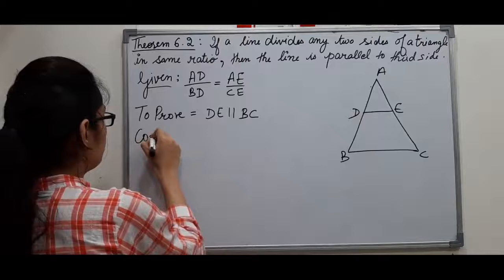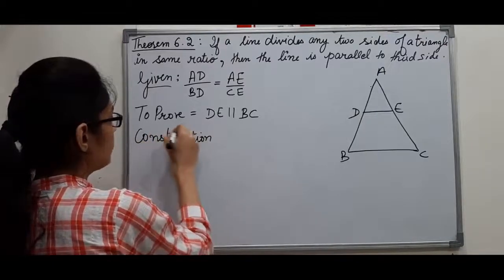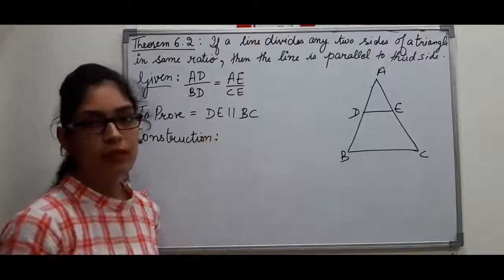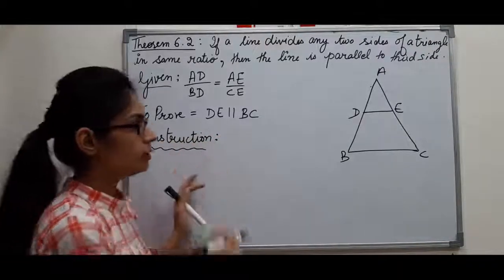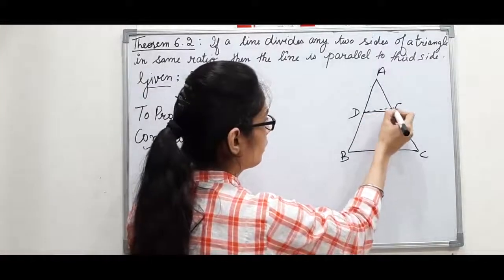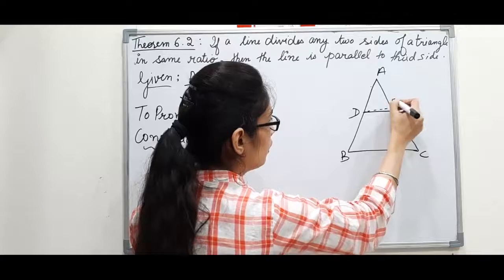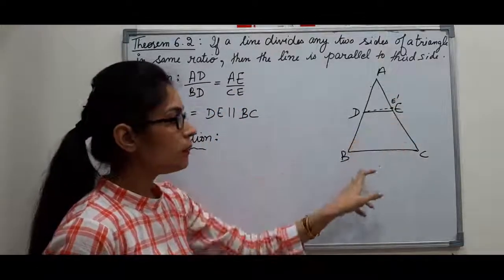So now let's write the construction. In the same way, step by step, we have to write everything whenever we are doing the proof of a theorem. So construction: here we'll draw a line DE dash such that DE dash is parallel to BC.